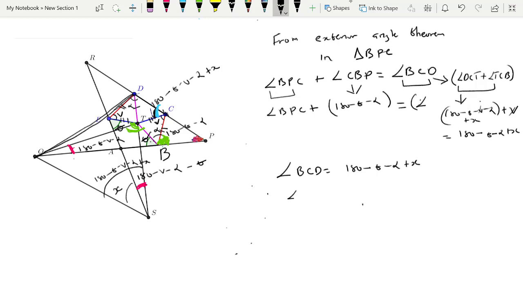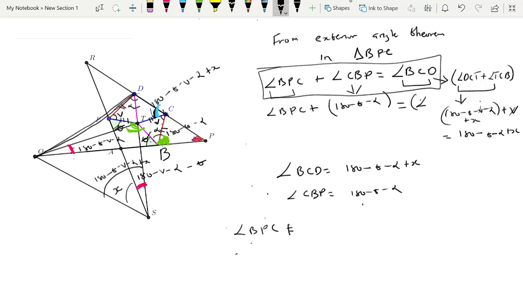Then we know that angle CBP is 180 minus theta minus alpha. So I come back to this exterior angle theorem identity and substitute. Angle BPC plus 180 minus theta minus alpha equals 180 minus theta minus alpha plus x.